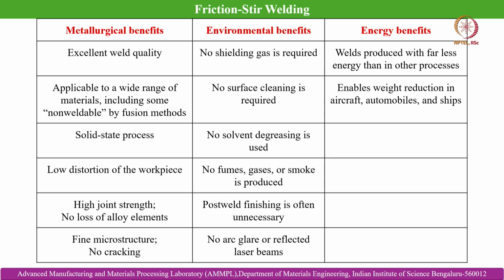It is possible to achieve very high joint strength, no loss of alloying elements, and a fine microstructure because of the significant plasticizing of the metal at the joint region. No cracking is involved because there is no phase transformation in this case, so difficulties like hot cracking are nullified.